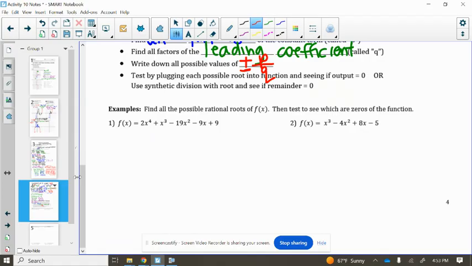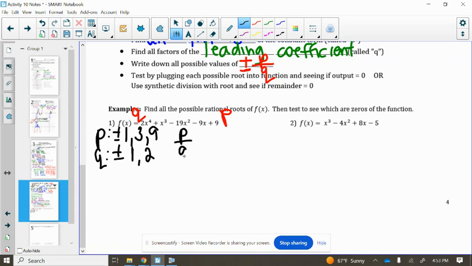So if we look at this first example, our constant term is p, our leading coefficient here is q. So we're going to take all the factors of p: 1, 3, and 9, and again, we want the positives and the negatives. All the factors of q are going to be 1 and 2. Then our actual values to test are all of the p's divided by q.